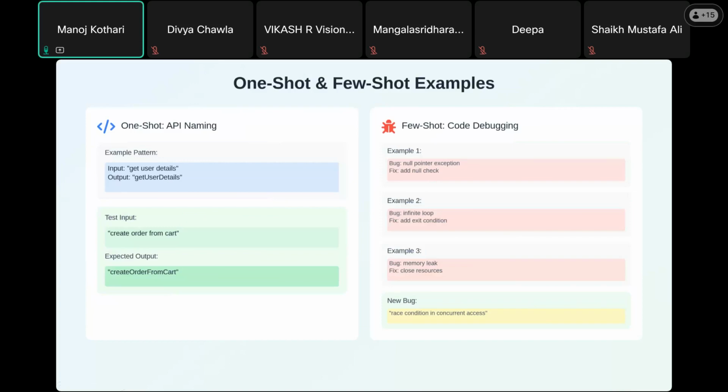But when I'm saying that there is a bug and I'm mentioning that bug, that it has a null pointer exception, then AI understands that there is a bug in it, and what I have to do is fix it. So it is fixing by adding a null check. That way, we are giving instructions and examples to it, and for this source code where we want this to be solved, it will be able to solve it and give your response.